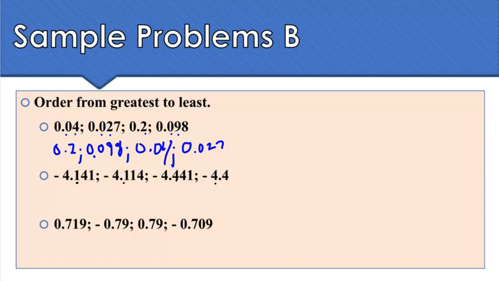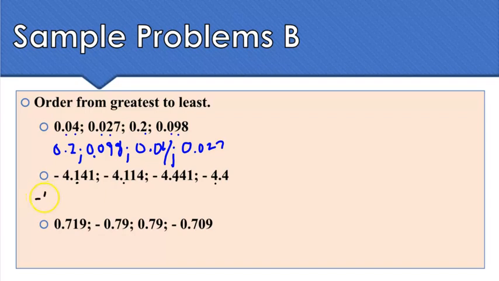So it's going to be between negative 4.141 and negative 4.114. If I'm comparing 41 and 14, the negative 4.114 is actually further to the right on a number line.